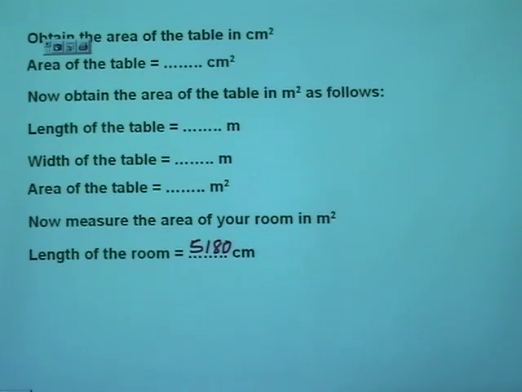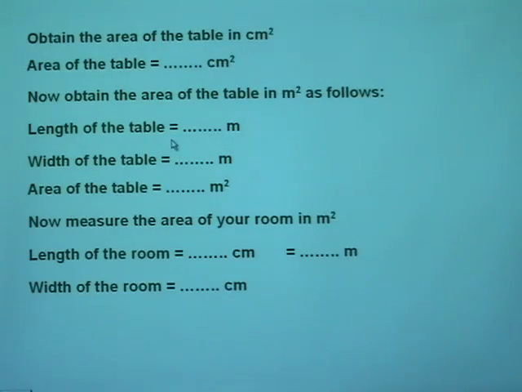Alright? And write that now in meters. If you got that in centimeters, how many meters? 5,180 is 5.18 meter. And the width of the room, I got 3,200 centimeter. That is 3.2 meter.